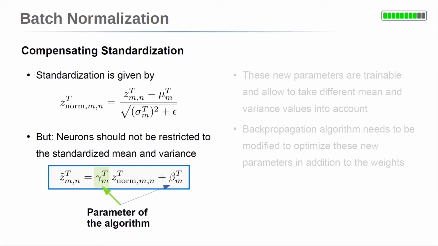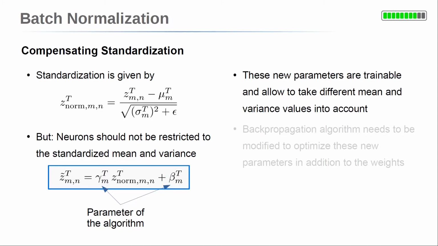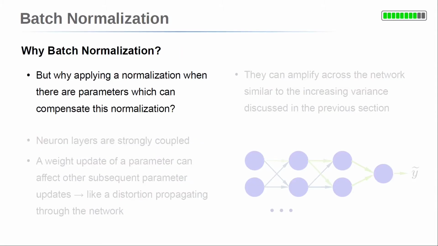The gamma parameter can rescale the variance, and the beta parameter can reshift the mean. These new parameters are trainable like the weights of the neural network and allow to take different means and variances into account. Note that the backpropagation algorithm needs to be modified to optimize these parameters gamma and beta in addition to the weights.